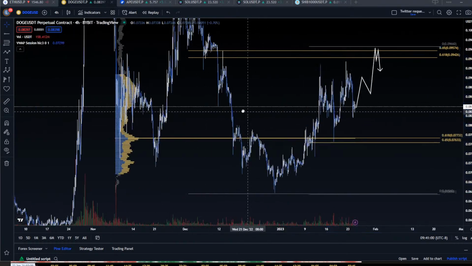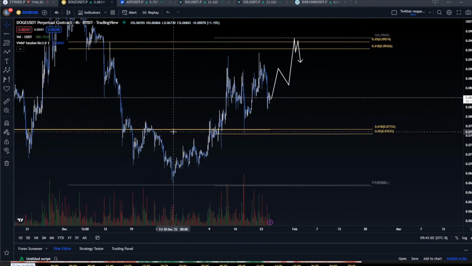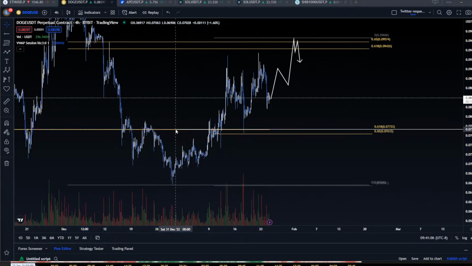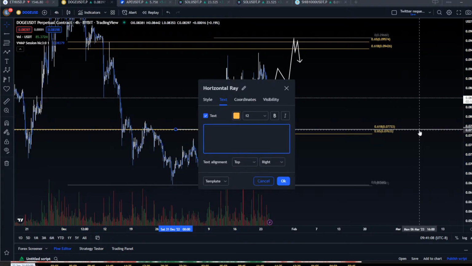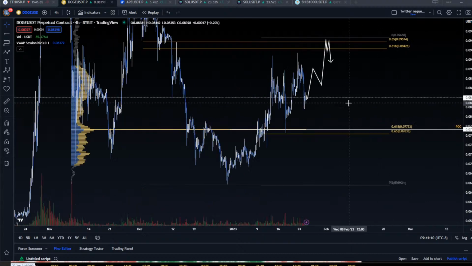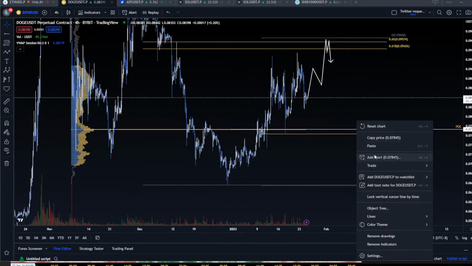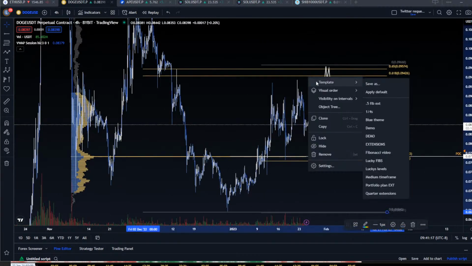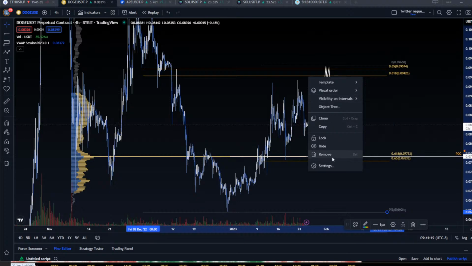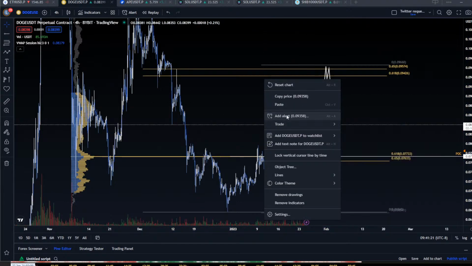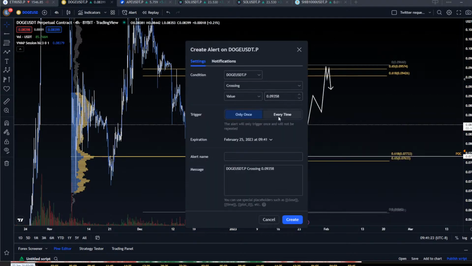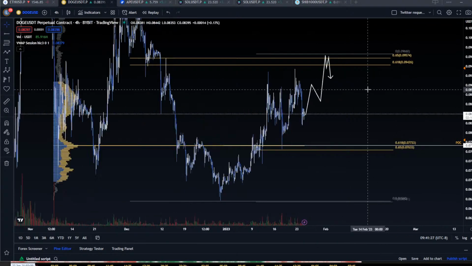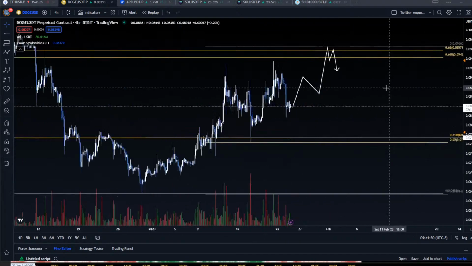Give me a point of control aligned with the golden pocket, always a long idea I'd be interested in. I think we can keep it simple with Doge.